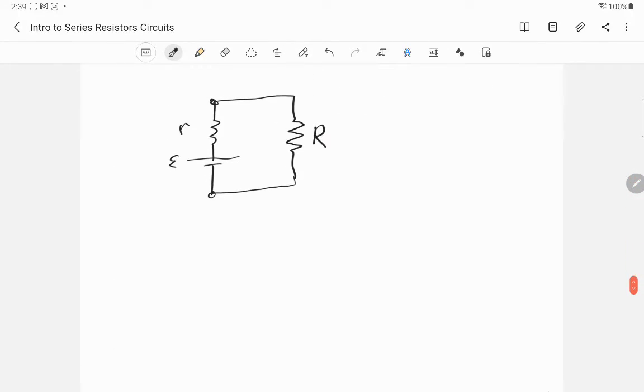So what you get essentially is an expression that looks like the following. If you solve for the current, all you would do is use Ohm's law. It would be the EMF divided by little r plus big R, like this. This would be the solution for what current flows.